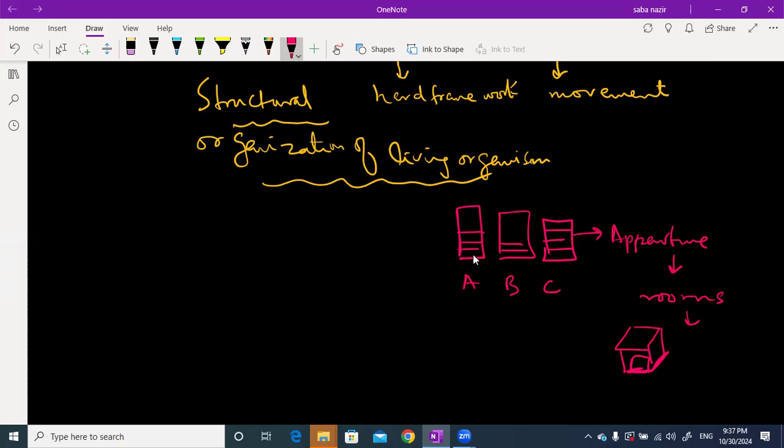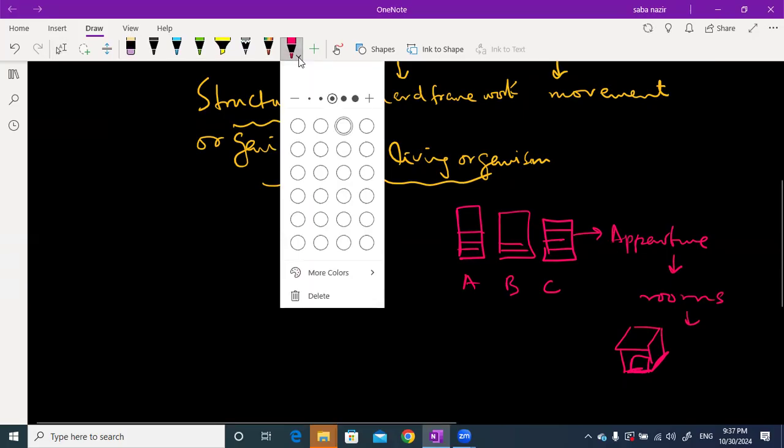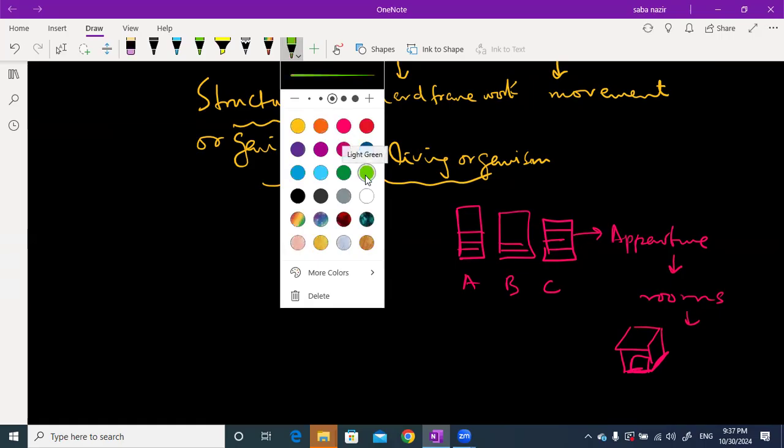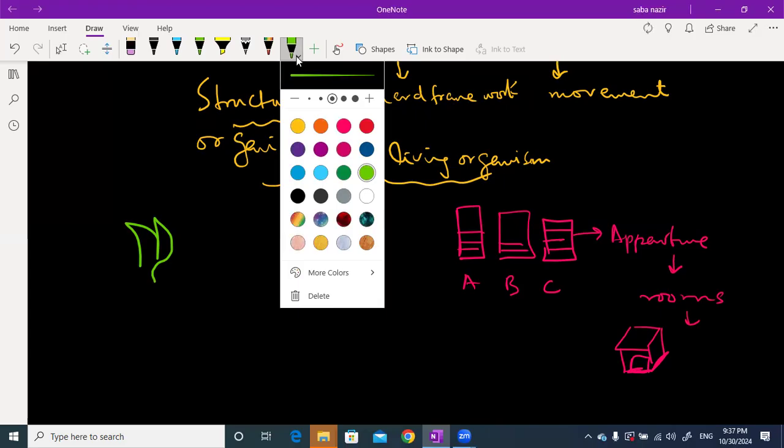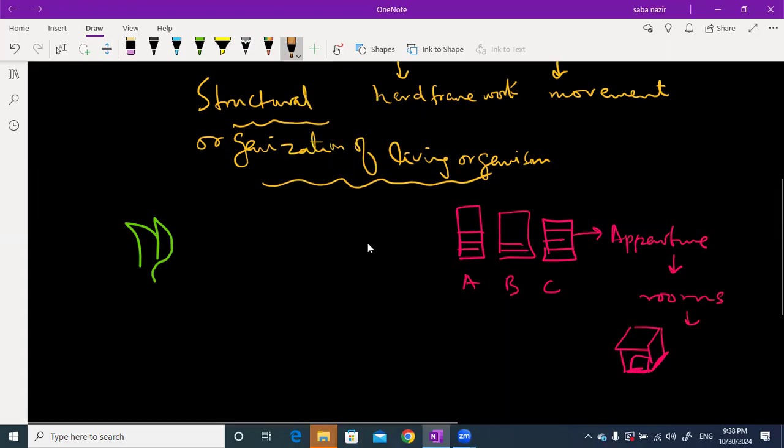If we consider a living organism, whether a plant or an animal, it's up to us whatever we are considering. Let's consider a human.